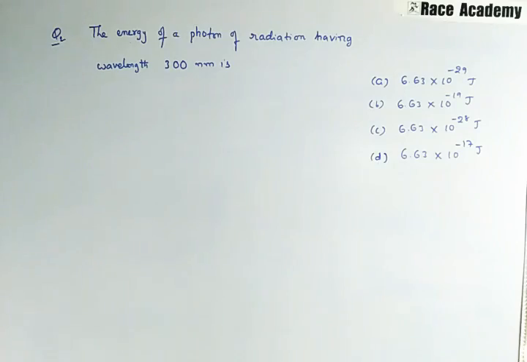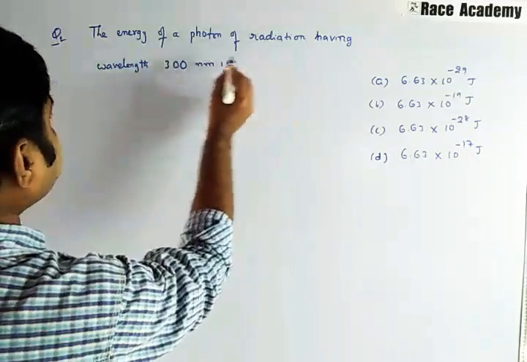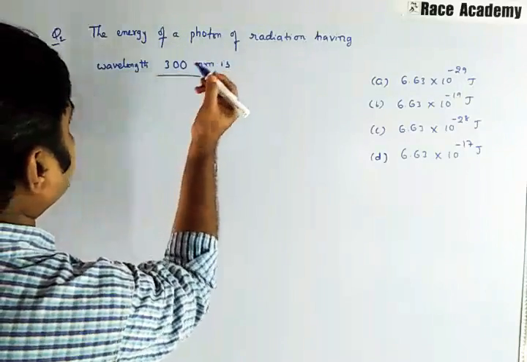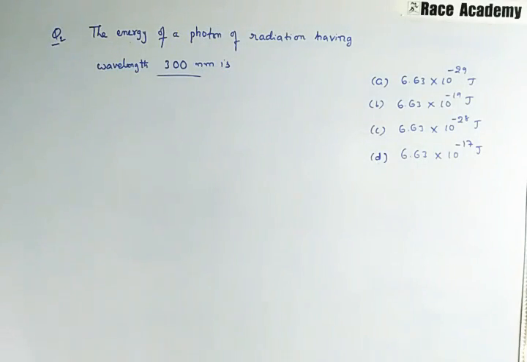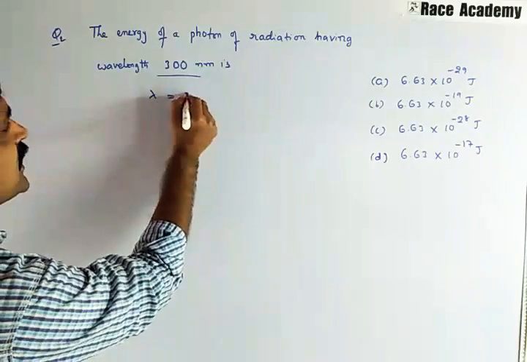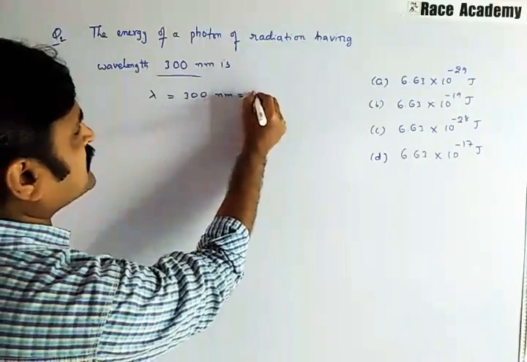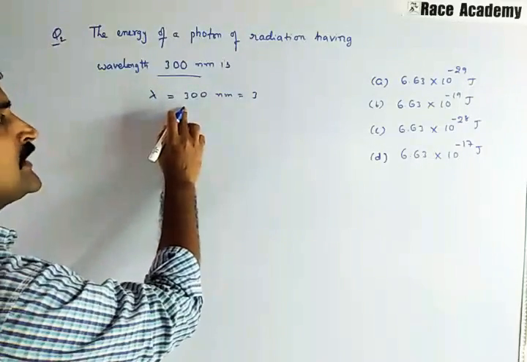See the next question. The energy of a photon of radiation having wavelength 300 nanometers is. Here the wavelength lambda value given is 300 nanometers. It can be converted into meters by multiplying with 10 power minus 9.